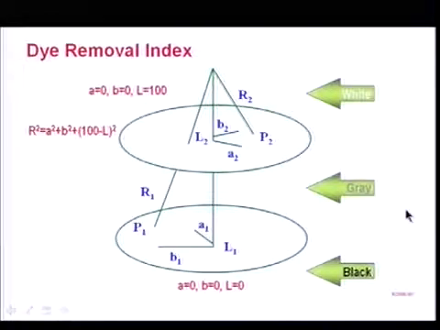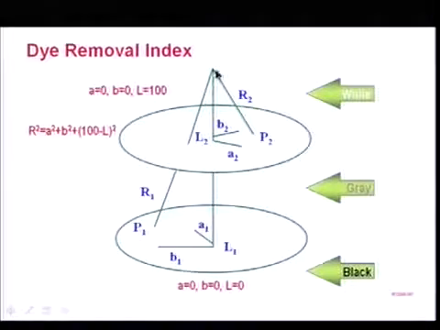The next tool we use here with the LAB numbers is called the dye removal index. For example, in that color space, P1 is an unbleached pulp with L value L1, A1 and B1 values. These are the color values of the P1 pulp.